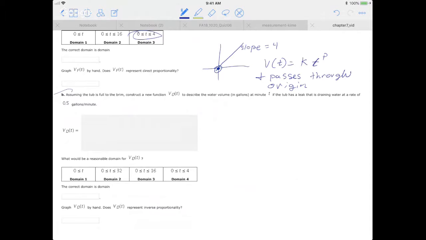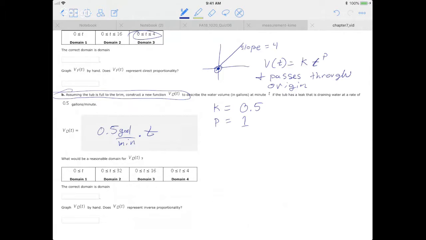Okay, so part B here says if we fill the tub to the brim, what if it starts draining water at a rate of 0.5 gallons per minute? Not much different, right? K is now 0.5. Our P is still 1. And so this one is going to look like 0.5 gallons per minute times T in minutes. What would be a reasonable domain for this? Well, we're going to stop when we're done draining the water, right?